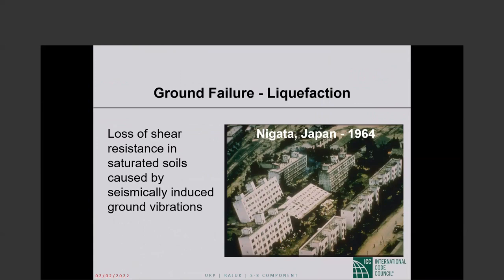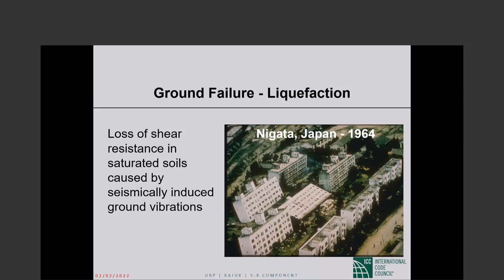It's supported by liquid, and then piles that depend on friction with the soil just pull out. This happened in a big way in Niigata, Japan, 1964. I have seen a number of instances of this after the Bhuj earthquake in India.